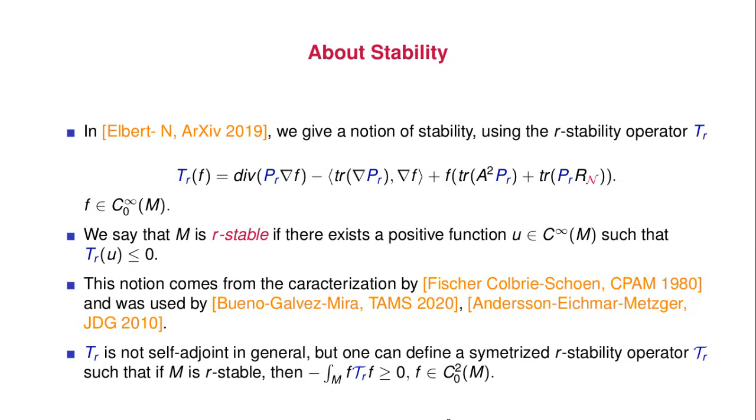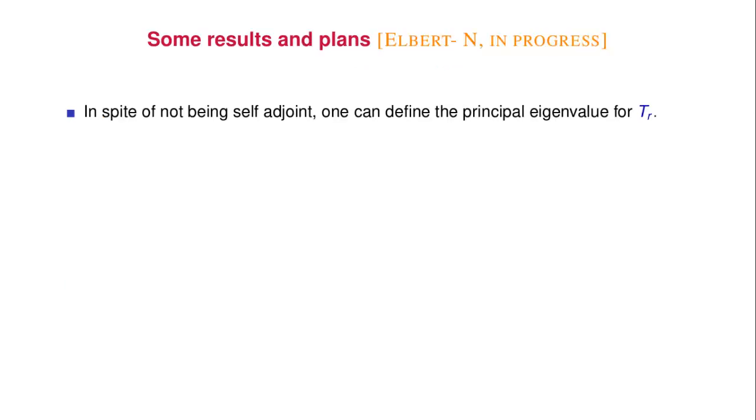Okay, so let me just finish by telling you some results and plan. Not a lot of results. It's still a work in progress. The first, this is not a result, this is just a fact that in spite of not being self-adjoint, one can define the principal eigenvalue of T_r.